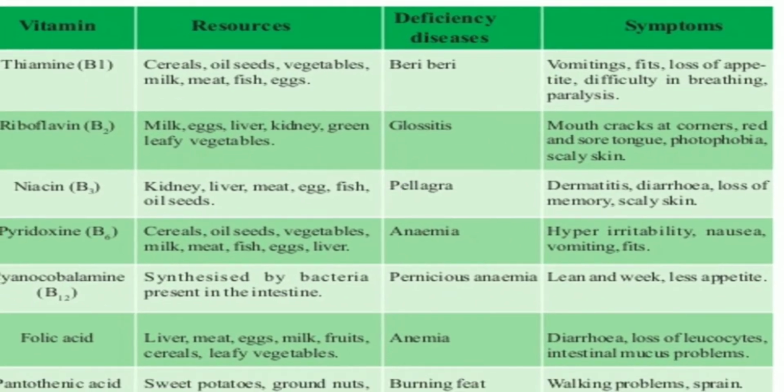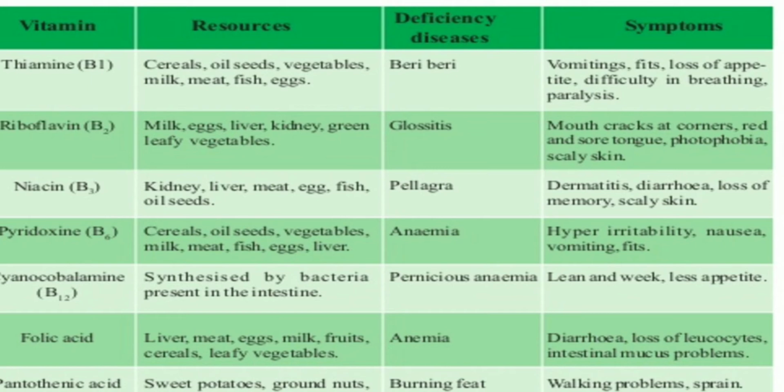Cereals, oil seeds, vegetables, milk, meat, fish and eggs. What is the deficiency disease caused? Beriberi is the deficiency disease caused due to thiamine. What are the symptoms of this disease? Vomiting, fits, loss of appetite, difficulty in breathing and paralysis.